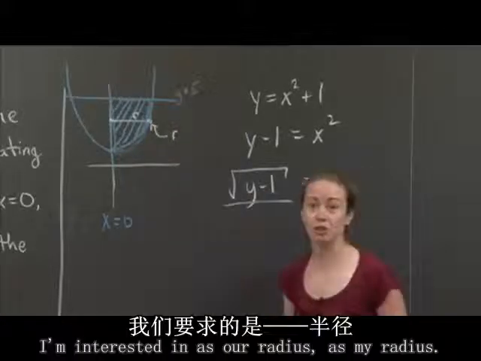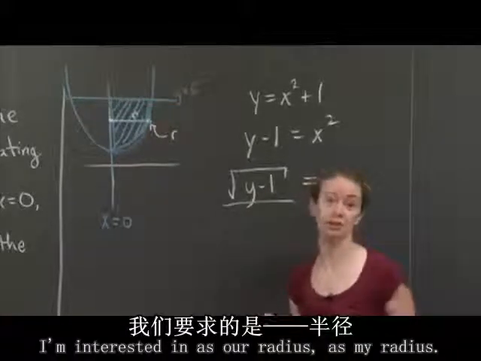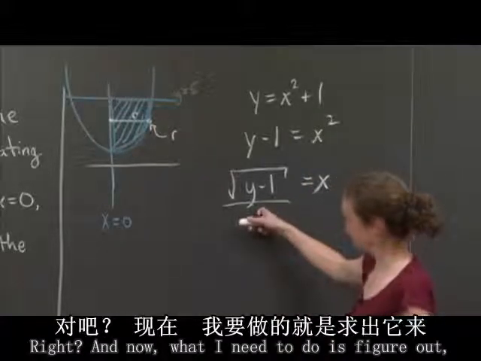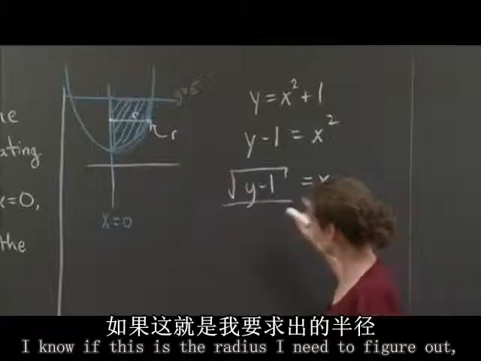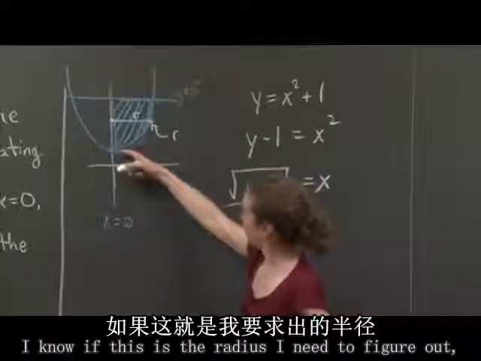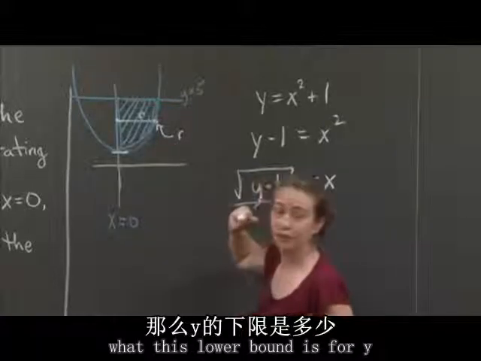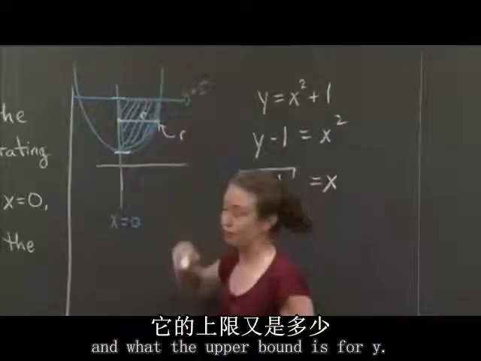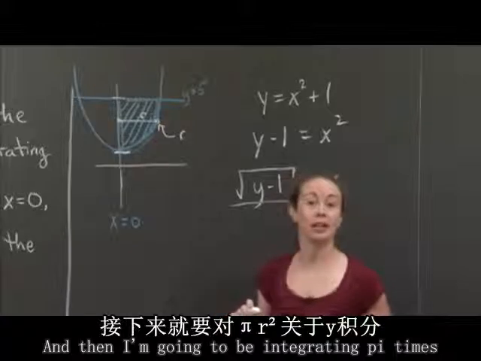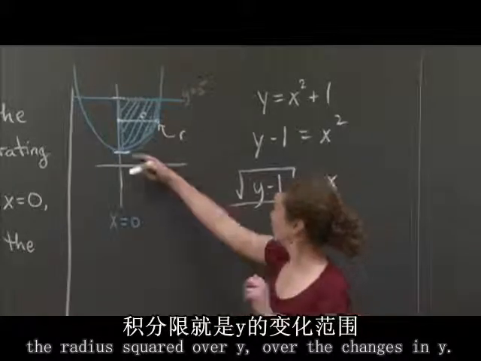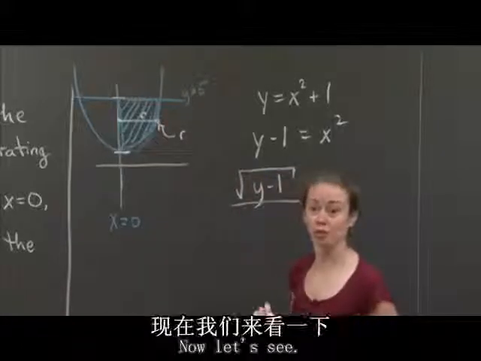This is the expression I'm interested in as my radius. Now, since I'm working in terms of y, I need to figure out the lower bound and the upper bound for y. Then I'll be integrating pi times the radius squared over the changes in y.